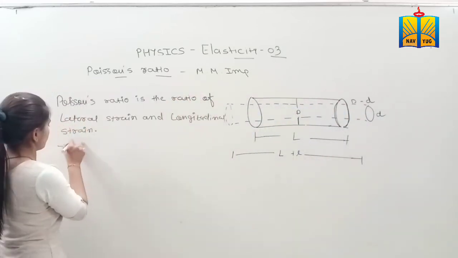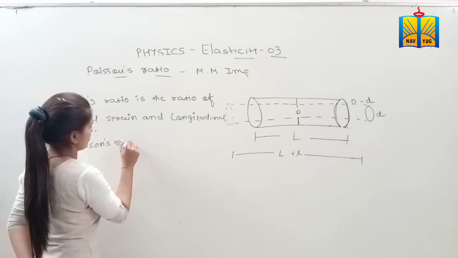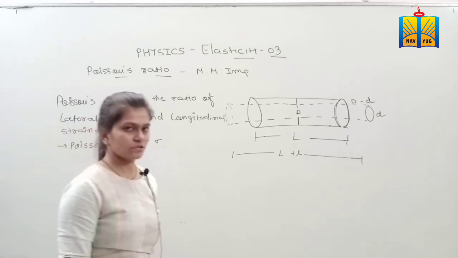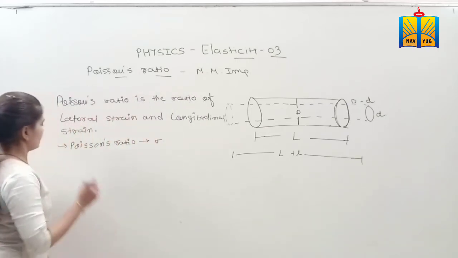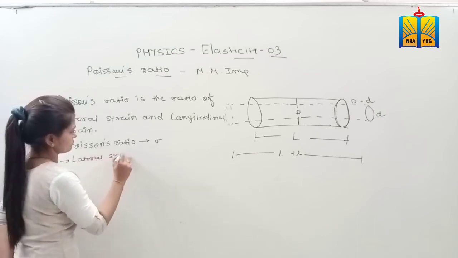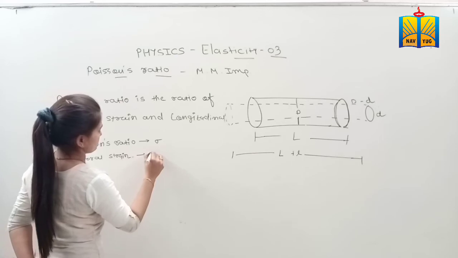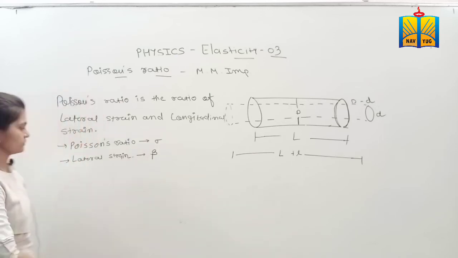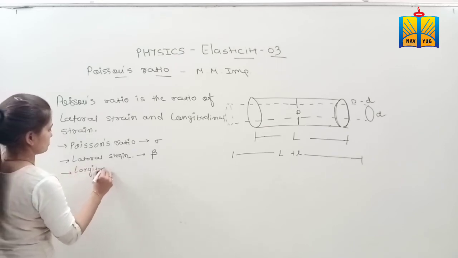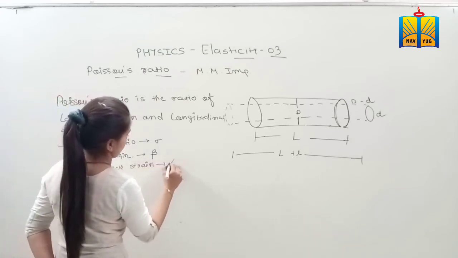Now Poisson's ratio is denoted by sigma. Okay, we can denote Poisson's ratio as a sigma. Now we denoted lateral strain as a beta, and we denoted longitudinal strain as alpha.